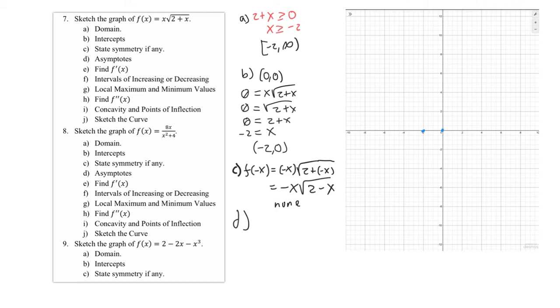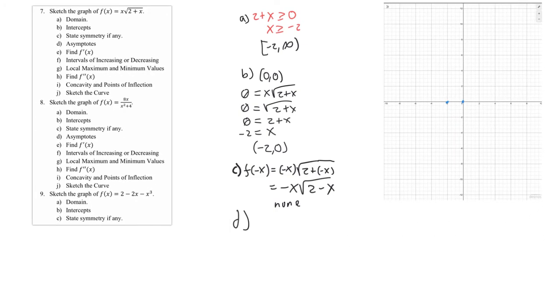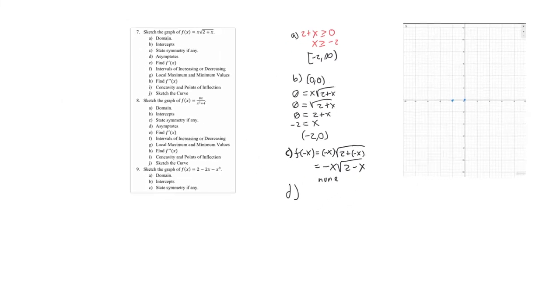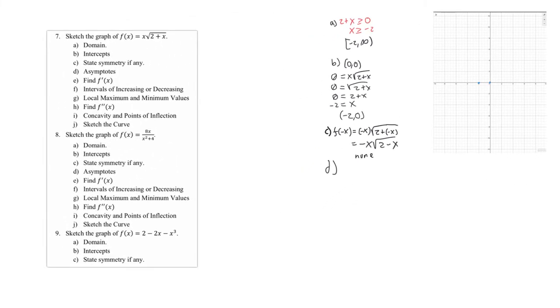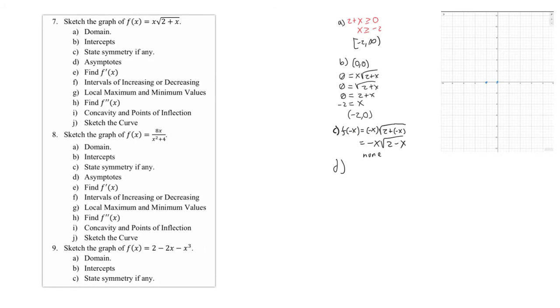Okay, the next one, which is 7e, says find f prime of x. Well, f prime of x would be a matter of finding, of course, the derivative. And in order to find the derivative, I would use the product rule for this. I'm going to call g of x, x. I'm going to call h of x radical 2 plus x, also known as 2 plus x raised to the 1/2.